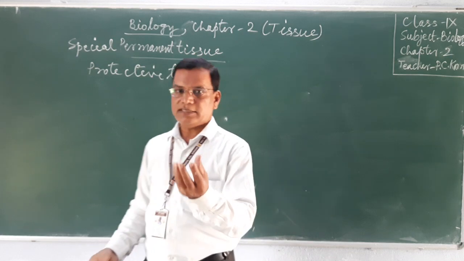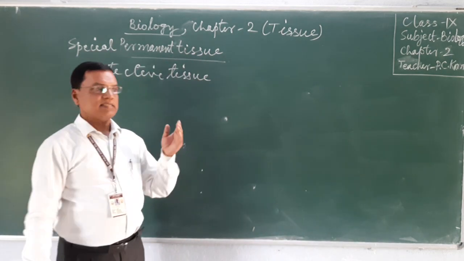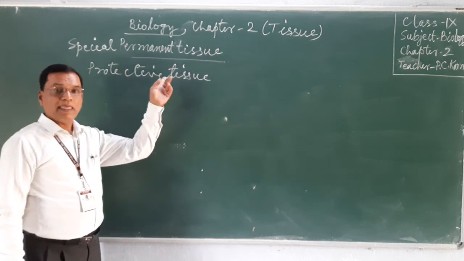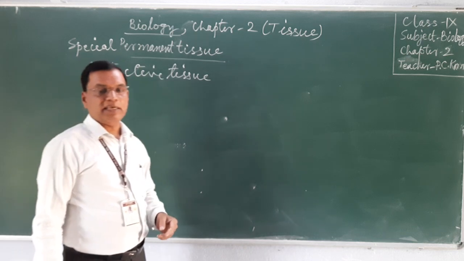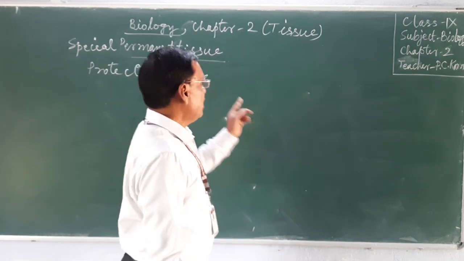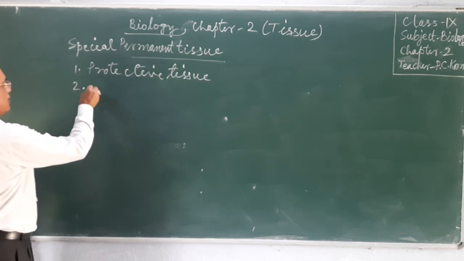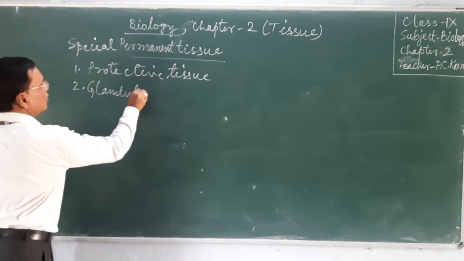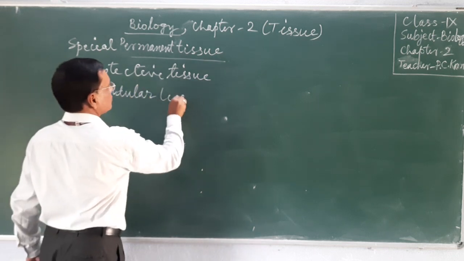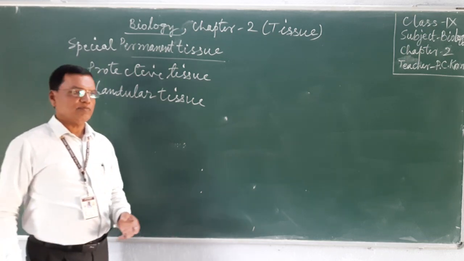You might have seen the stems, leaves, etc. That outer surface is called the protective tissue, also called dermal tissue, which helps to protect the inner part of the plants. Now the second one is glandular tissue.